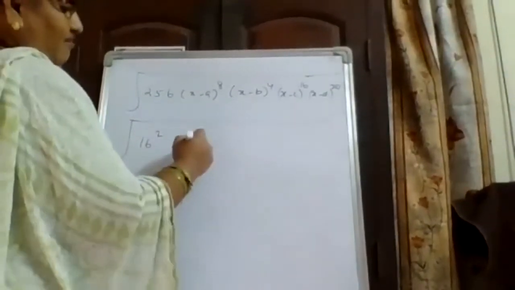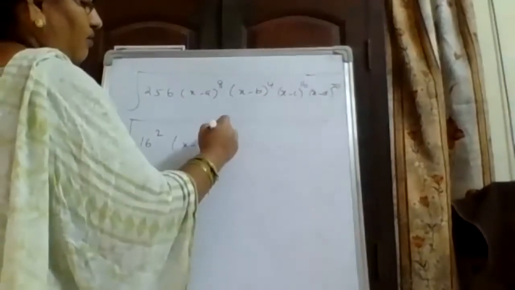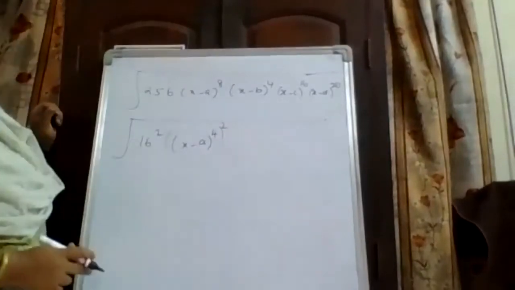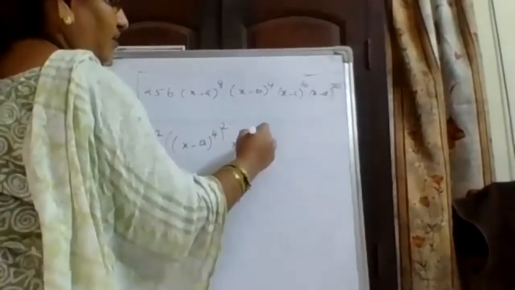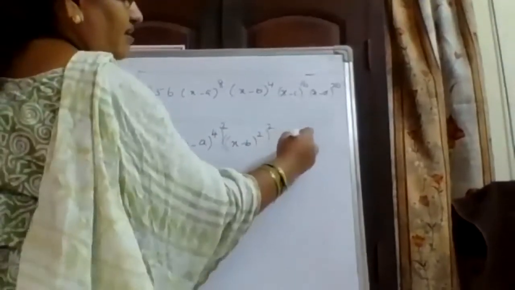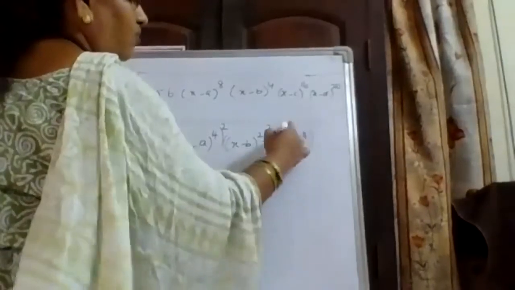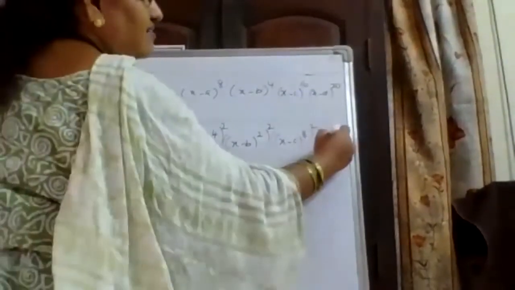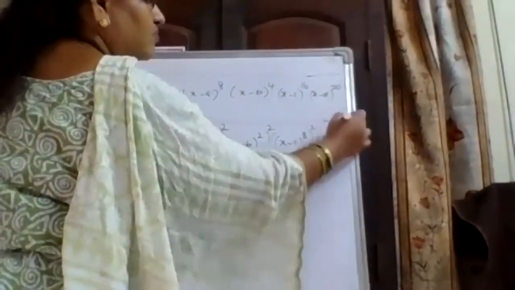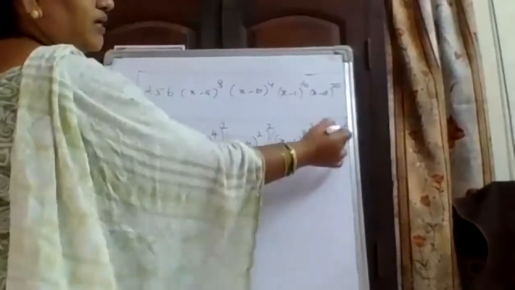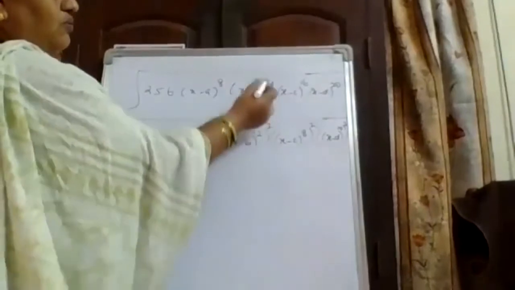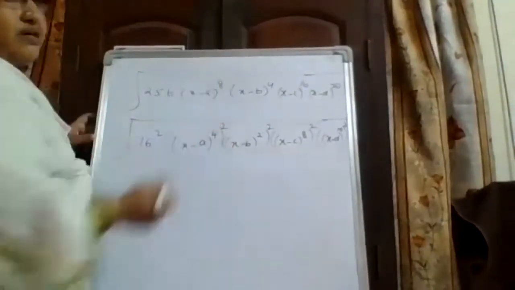Then (x minus a) will be to the power 4 whole to the power 2, such that 4 into 2 becomes 8. Similarly, (x minus b) power 2 whole to the power 2. Then (x minus c) power 8 whole to the power 2. Then (x minus d) to the power 10 whole to the power 2. Now you see these powers will be multiplied: 10 into 2 becomes 20, 8 into 2 becomes 16, 2 into 2 becomes 4, 4 into 2 becomes 8.